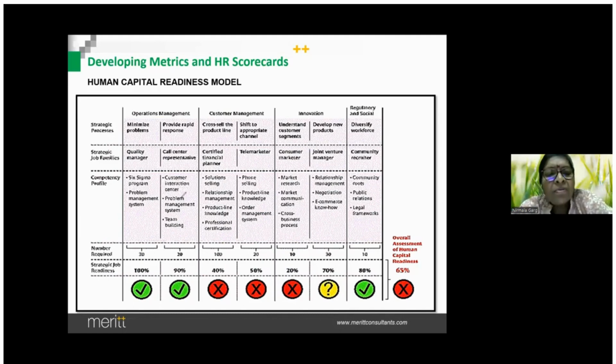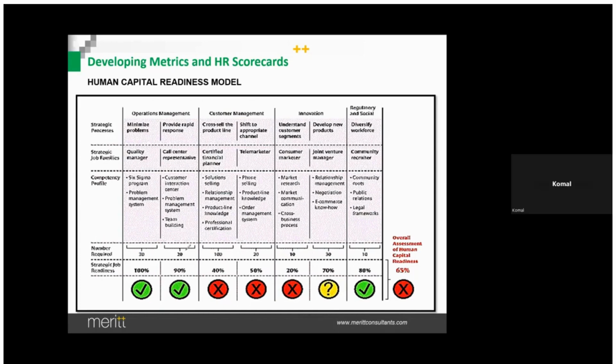Say, for example, I have the number required. How do I forecast the number required? 20 people. There is something called load factor analysis. Have you heard of load factor analysis? For example, all of you visit a hotel.